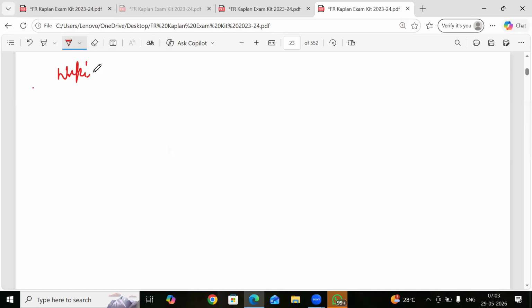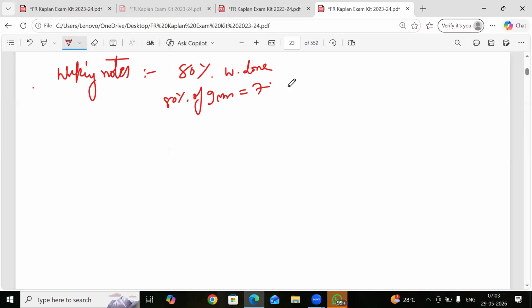So we'll do working notes also simultaneously. 80% of the work is done. So 80% of 9 million would be 7.2 million. 50% of work done, 4.5 million they have recorded.